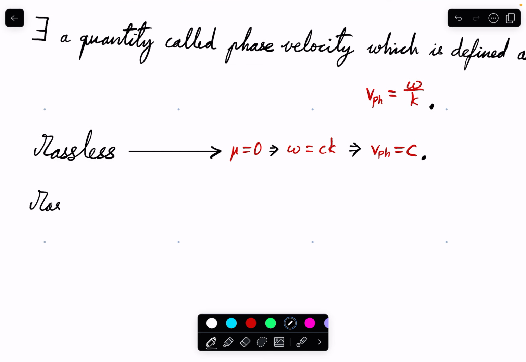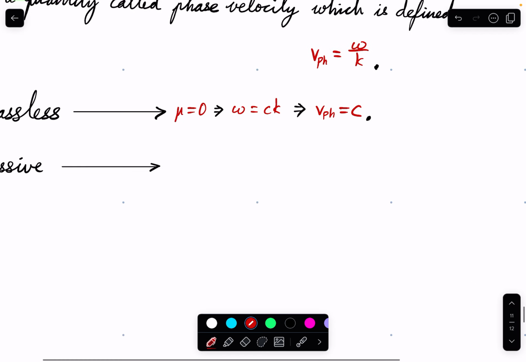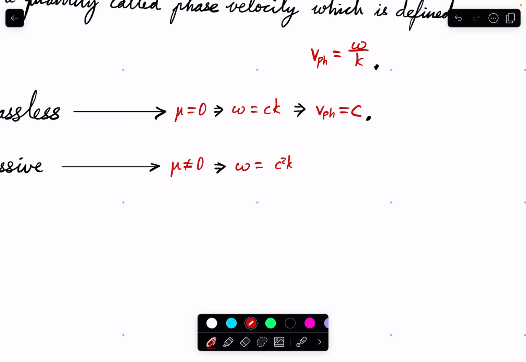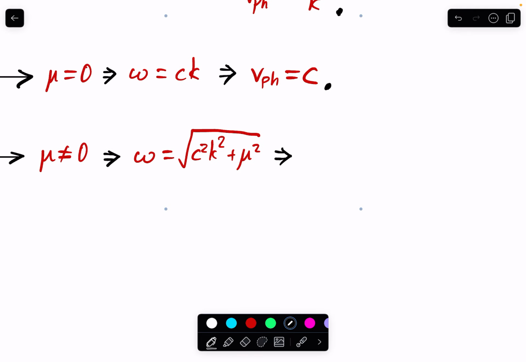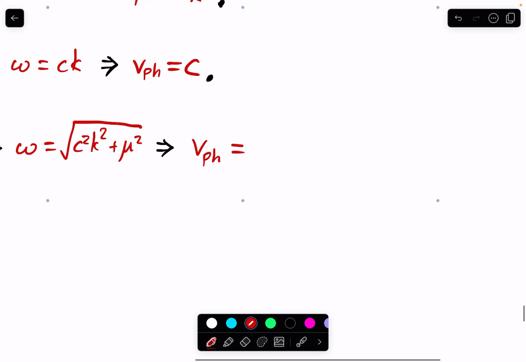Then if you have massive particles, your mu is not equal to 0, which implies that omega is equal to the square root of c squared k squared plus mu squared, which implies that your phase velocity is equal to the square root of c squared k squared plus mu squared, over k.